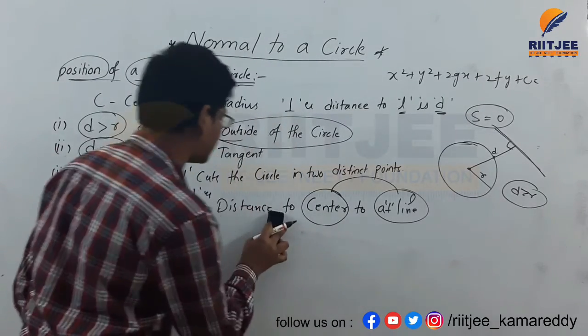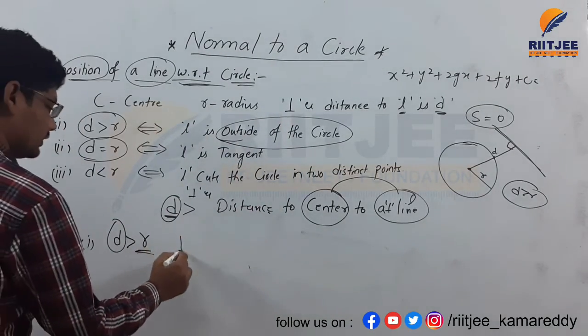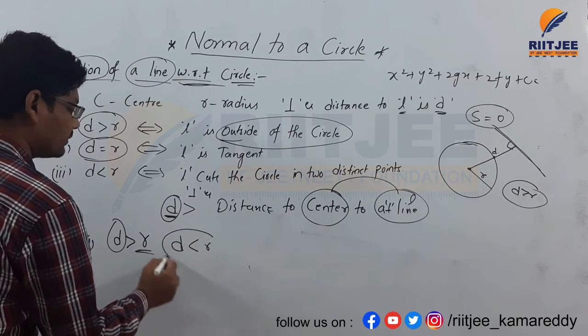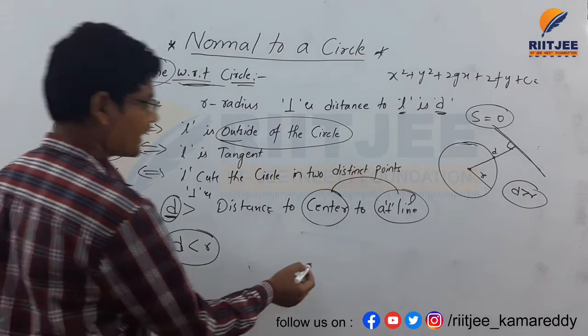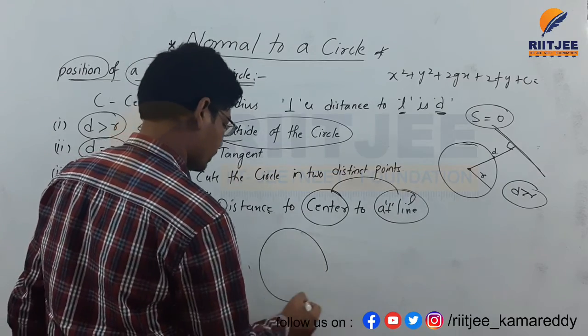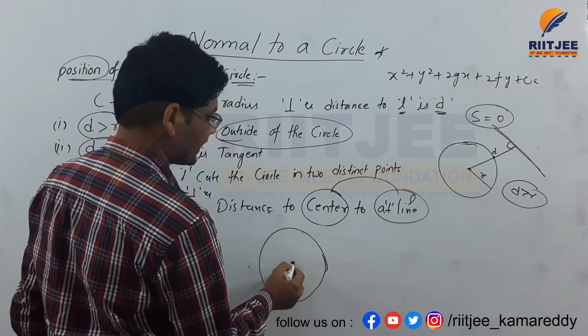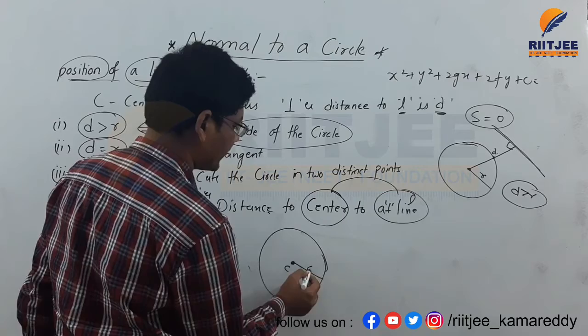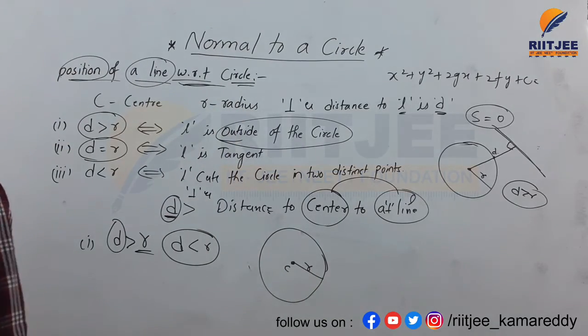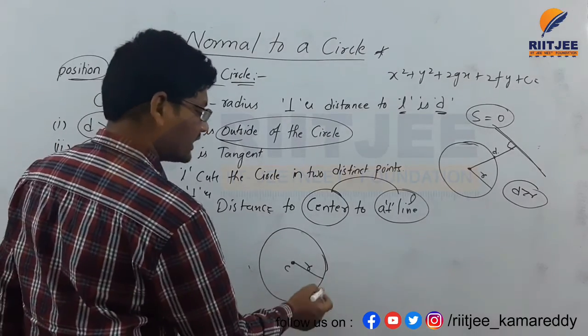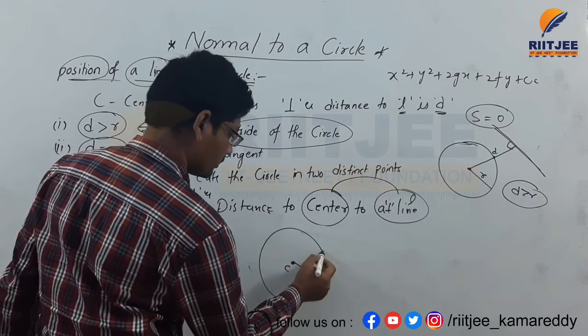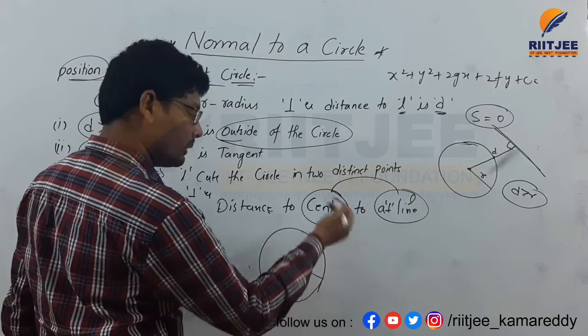And what about the third case here? Finally, if D is less than R, I am taking a circle, this is the center and this is R, that is the radius. If the distance D is less than R, it should be within the circle.